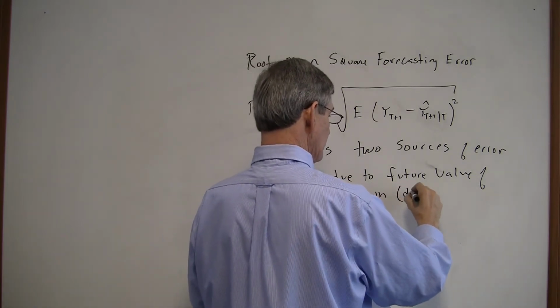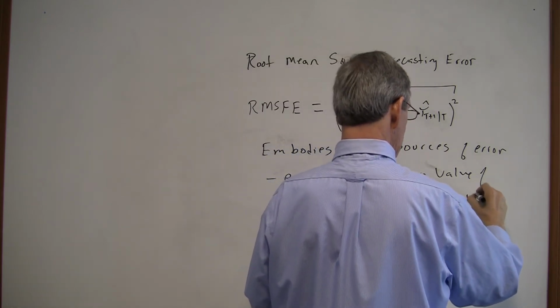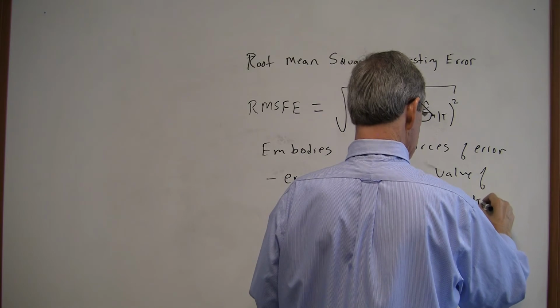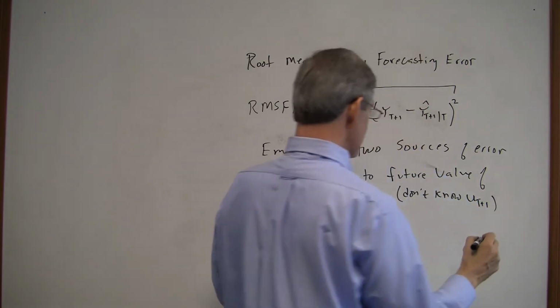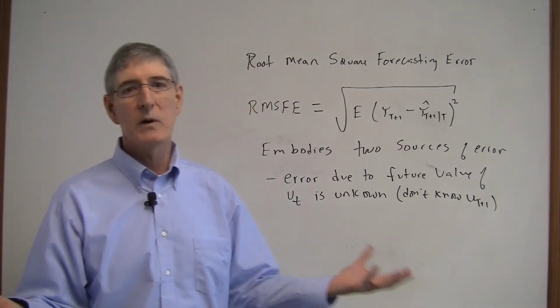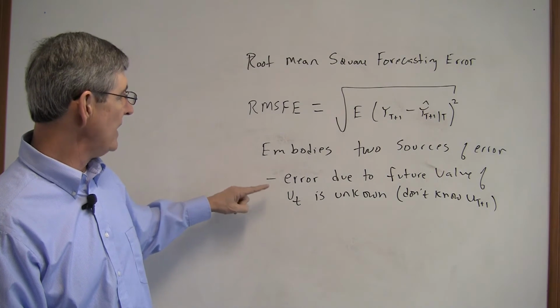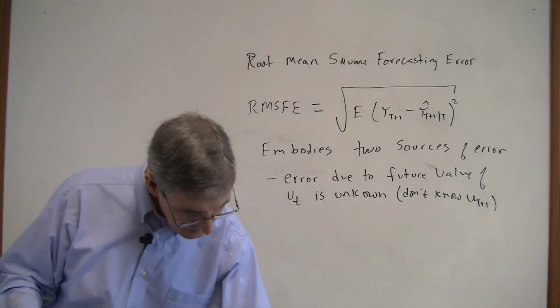We don't know u_{t+1}, so we just set it equal to the mean, 0. If we knew it, we could get a much better forecast, but we don't. This is generally the main source of the error when n is large.